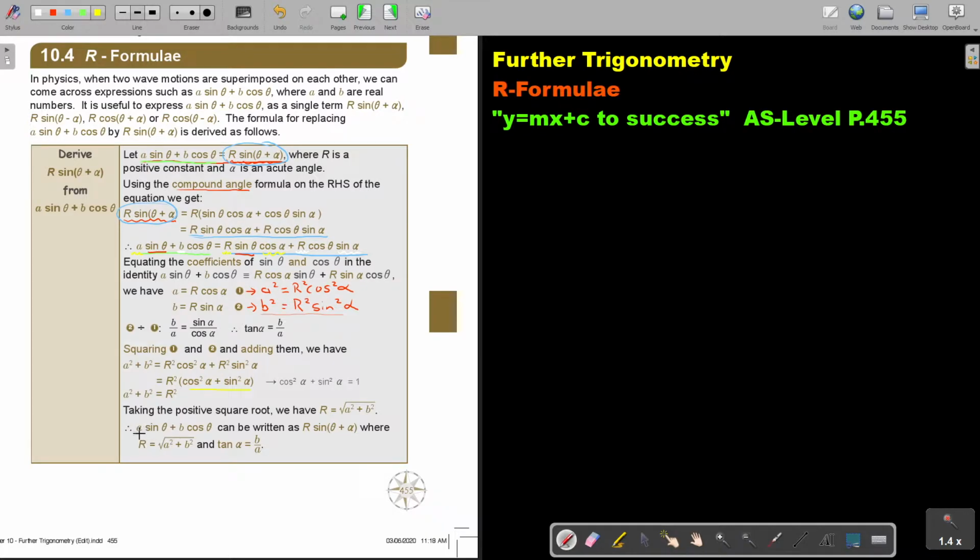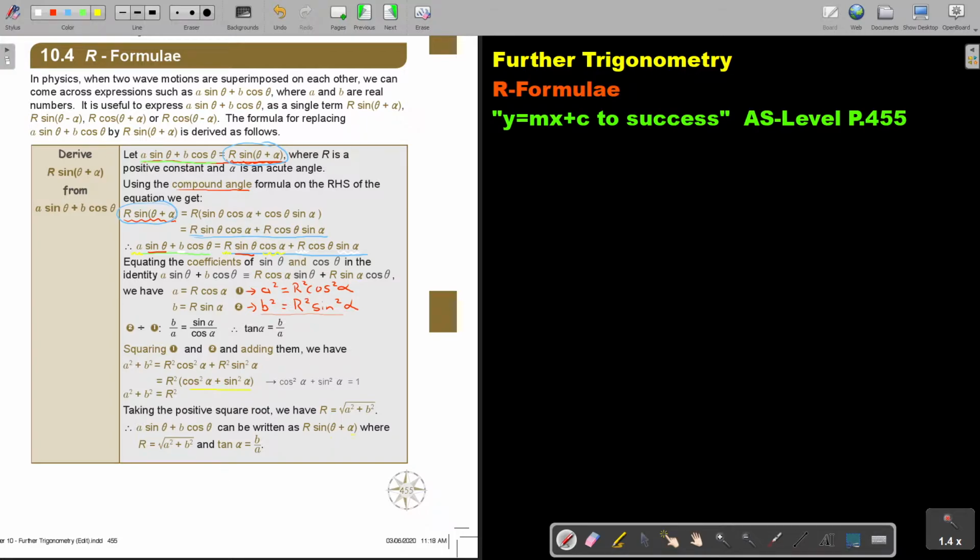Therefore, a sin theta plus b cos theta can be written as r sin(theta plus alpha), where r is the square root of a squared plus b squared, exactly what I got there on top, and tan alpha is equal to b over a.